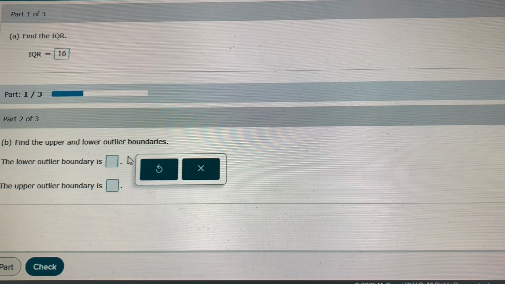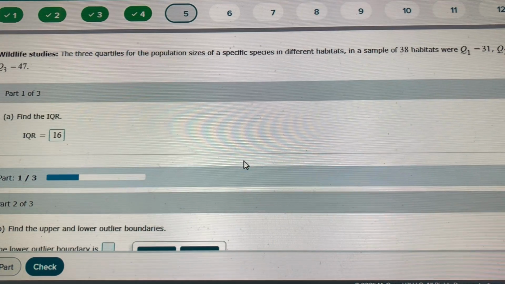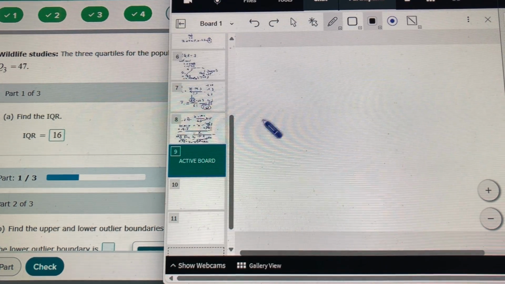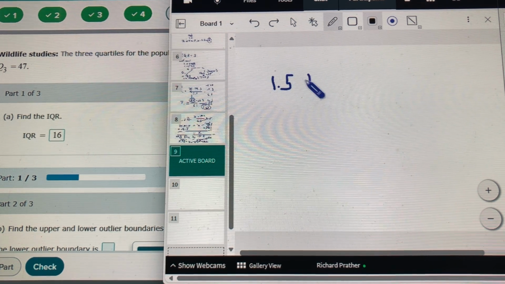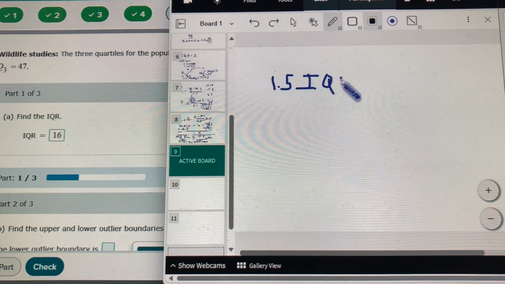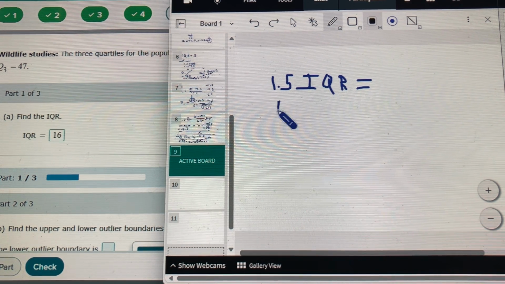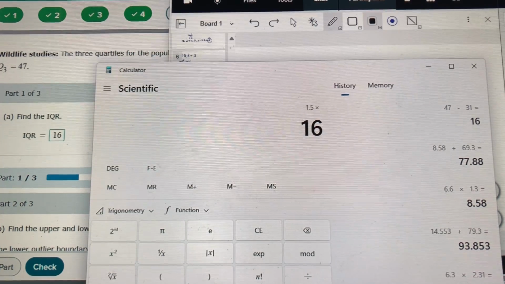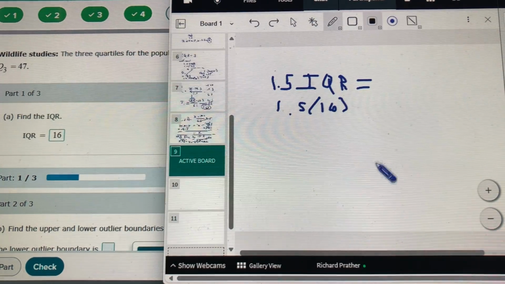Find the upper and lower outlier boundaries. So if they ask for the IQR, it's just Q3 minus Q1. But then if you do 1.5 times the IQR, you get the amount to add and subtract to find the boundaries. So 1.5 times 16 is 24.